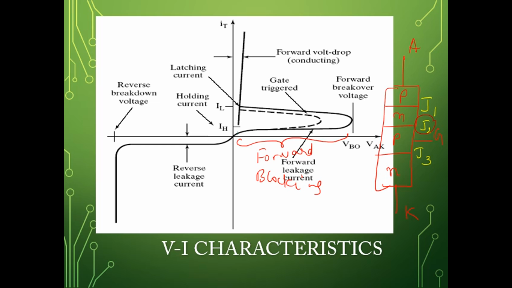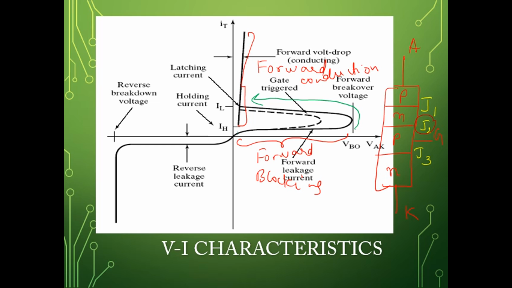Once you make junction J2 forward biased, either by increasing VAK or by applying a gate signal, the device will conduct. So it enters the forward conduction state. That is the transition from forward blocking state to forward conduction state which you can observe here.